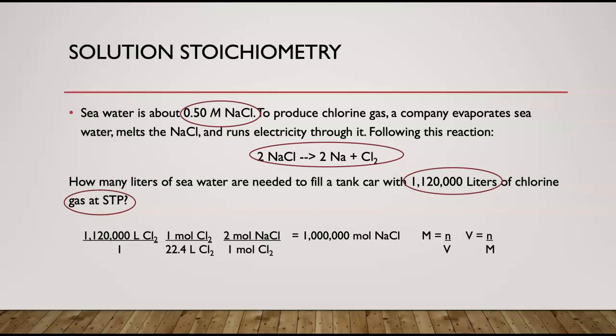Then I'm going to use that to determine my number of moles. I'm taking my number of moles divided by my molarity, which is going to give me my volume, and I'm going to have to put that into scientific notation to keep it at 2 significant figures. So I'm going to need 2 million liters of water to make this work.